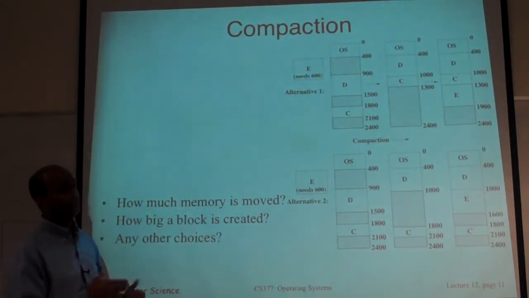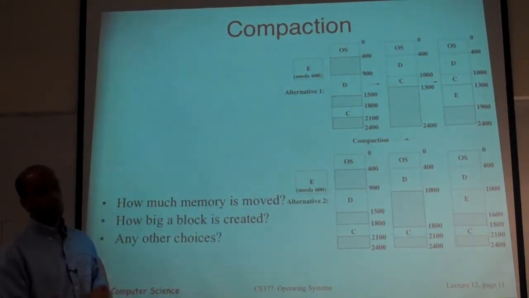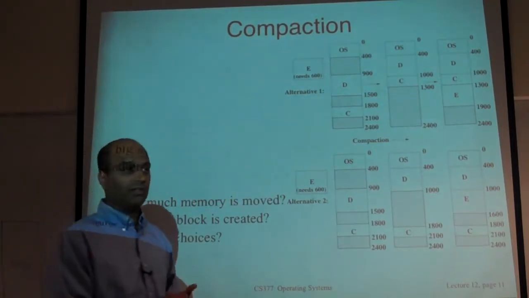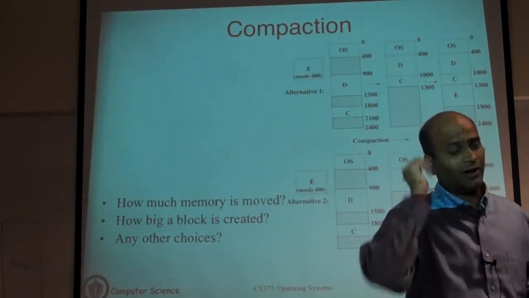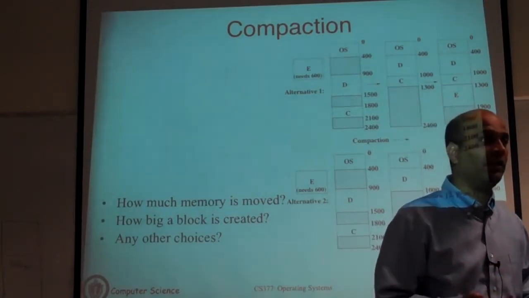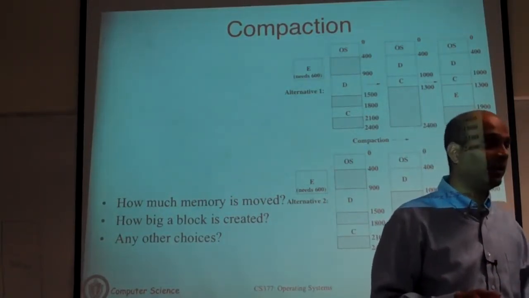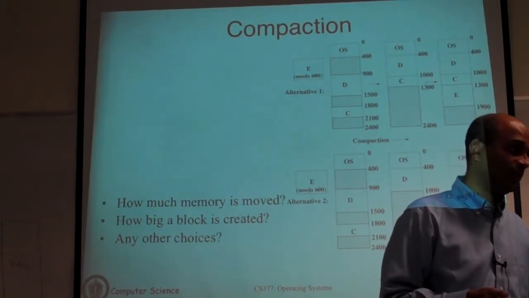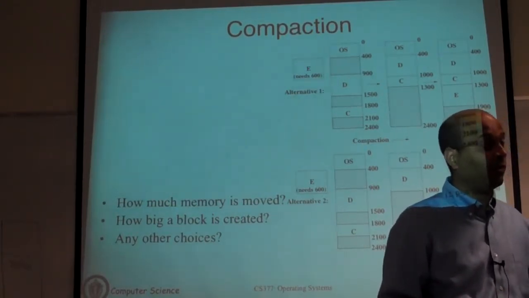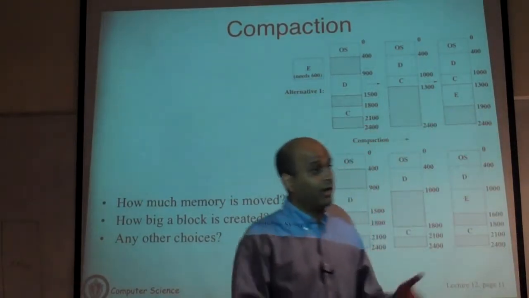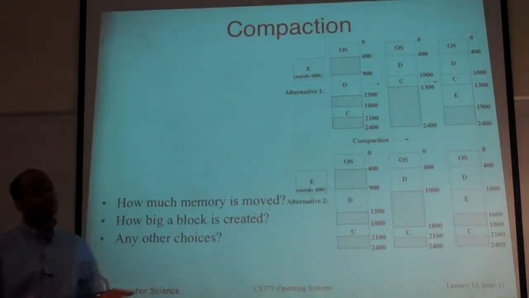Are you allowed to move the process when it's running? Typically, that's a subtle answer. If you have a uniprocessor, that clearly cannot happen. Either the OS is running and doing defragmentation, or the process is running. If you have a multi-core system, that's a different problem. Your OS may be running on one core, and there may be three other cores where processes may be running.